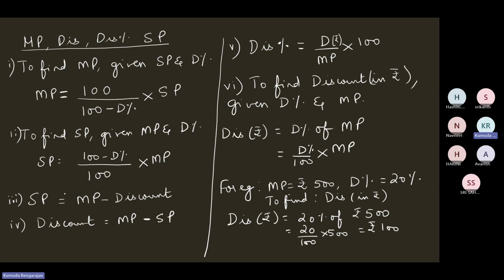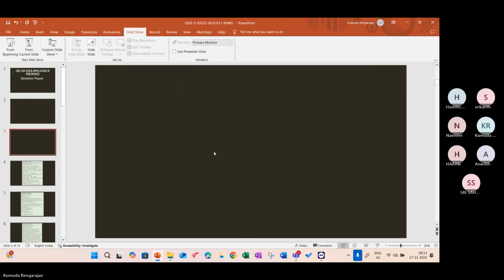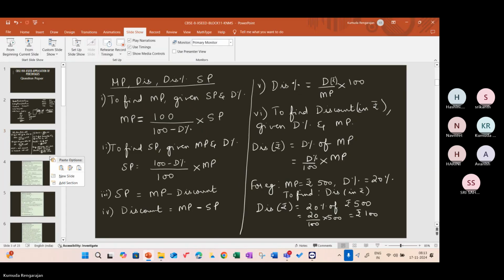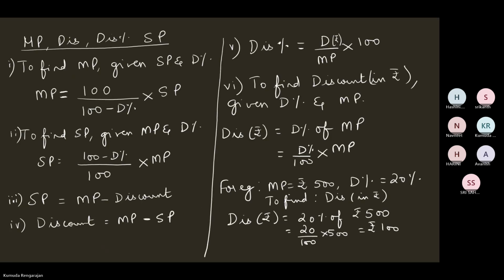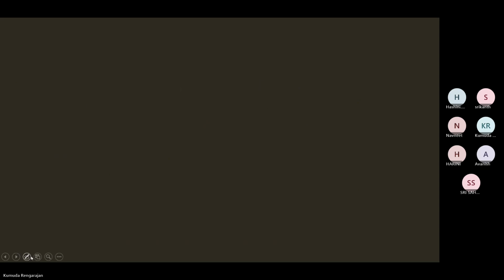So similarly, sales tax. So this is about MPSP discount. Now, so now we are at the selling price, okay?